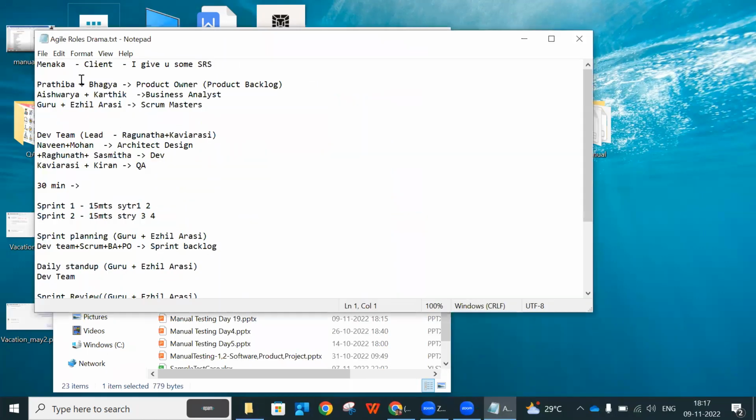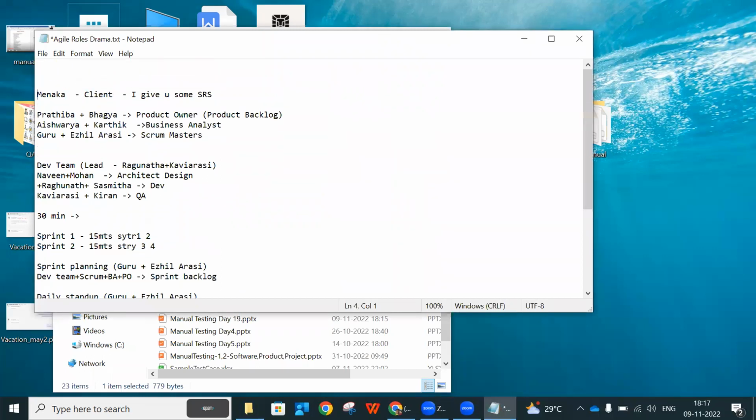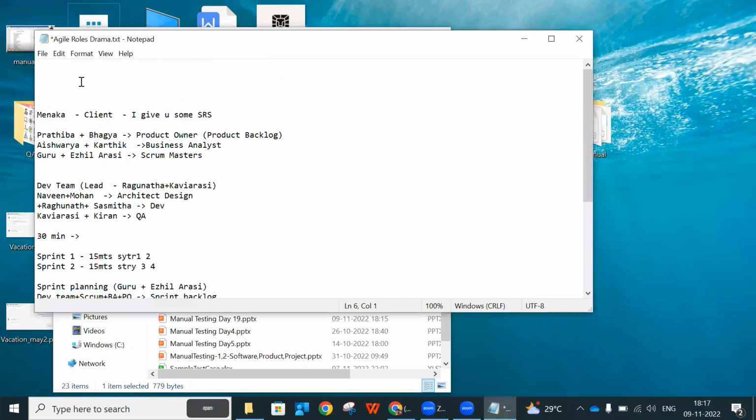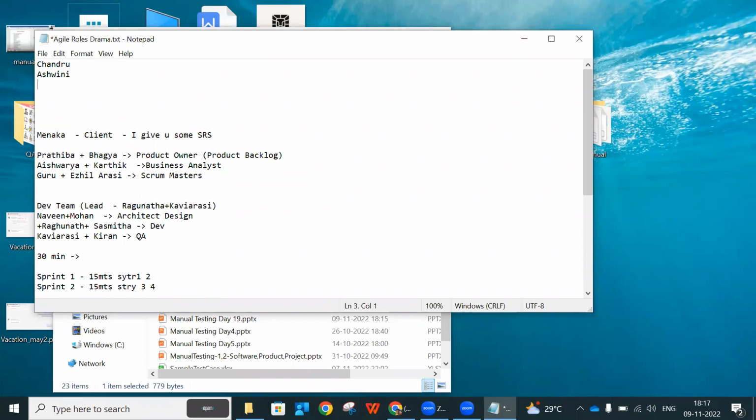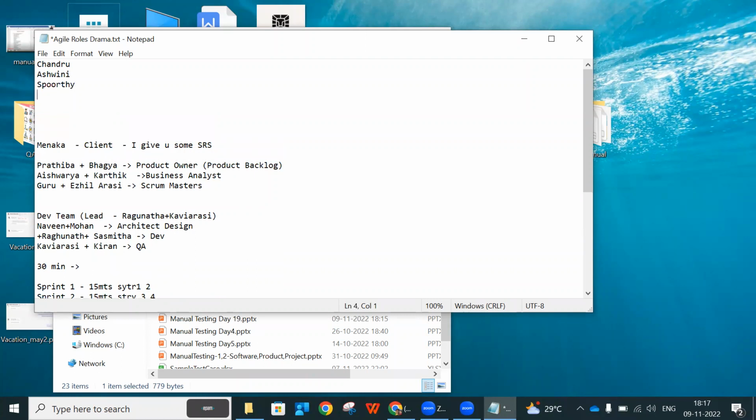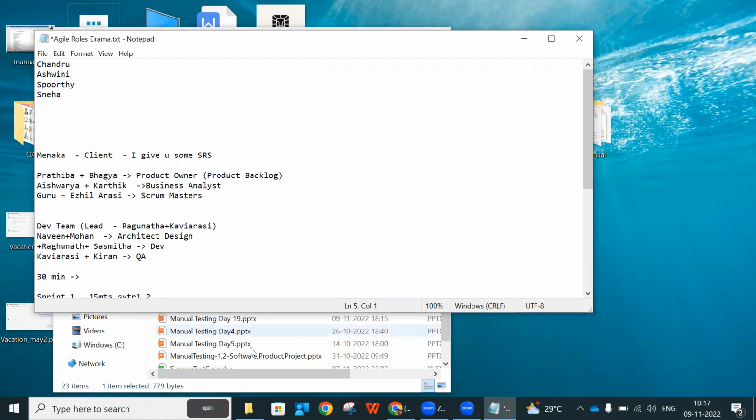Now, I want the list of people in this class. This I prepared for the morning session. So I have Chandru, I guess. I have Ashwini. And who else is there? Spurti. Who else? Sneha. Dhar. Rajkumar, ma'am.